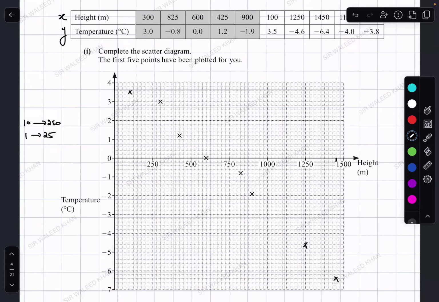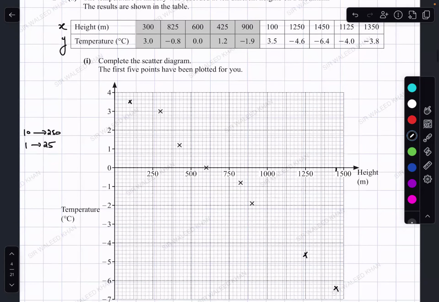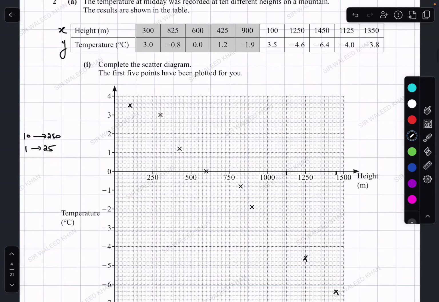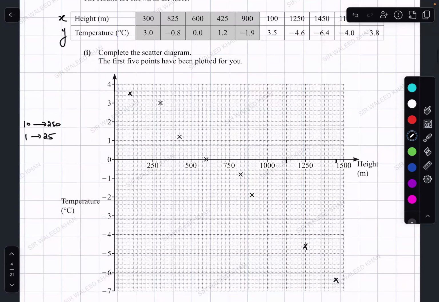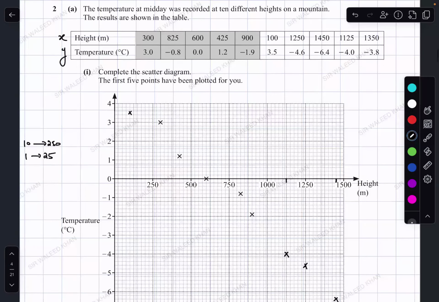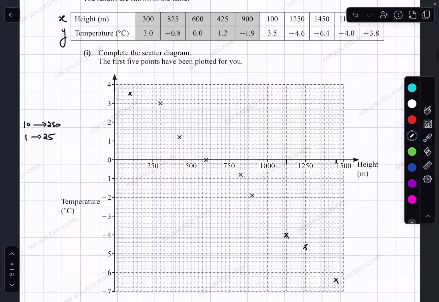Now, 1125, 100 and 25. 1125 over here and negative 4. Then 1350 and negative 3.8. So we have 1250, 1350 and negative 3.8.